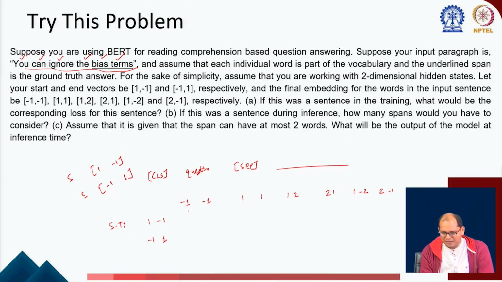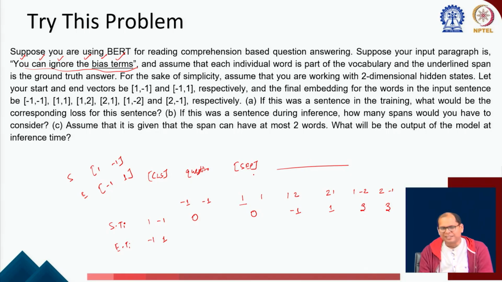So 1, minus 1 multiplied with minus 1, minus 1 will give you minus 1 plus 1, 0. This will give you again 0, and this will give you 1 minus 2, minus 1. This will give you 2 minus 1, 1, 3, 3, right? So let's do it only for the start vector. You can similarly do it for the end vector, right?